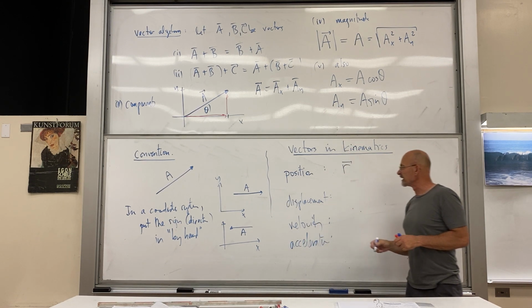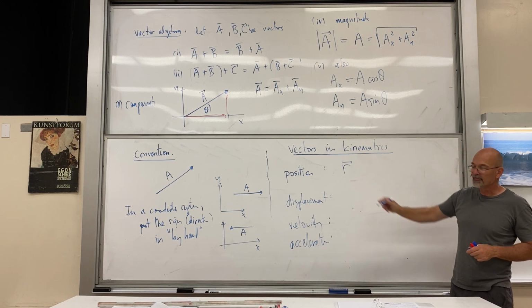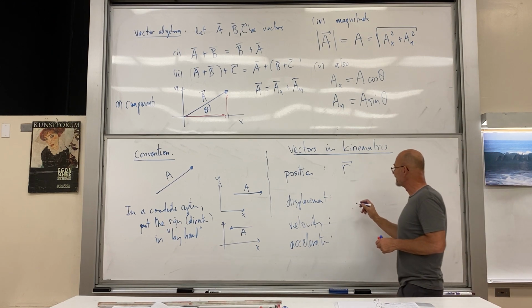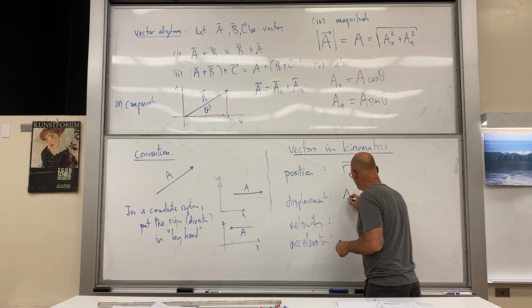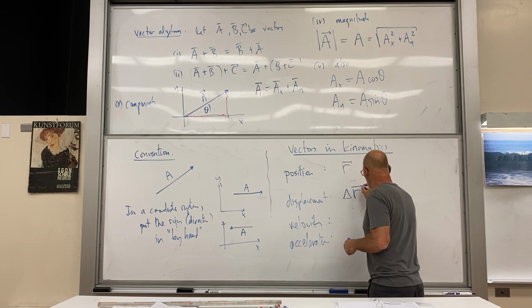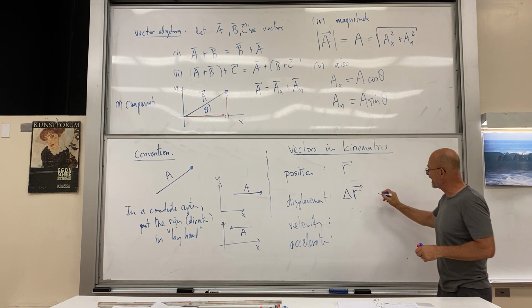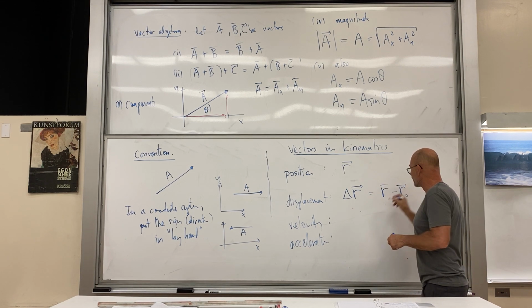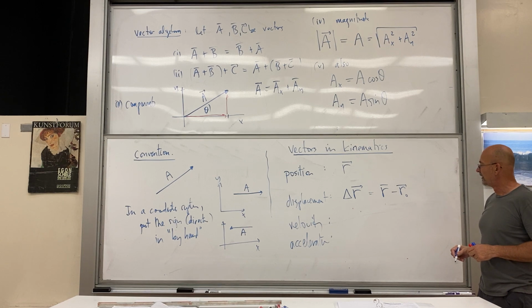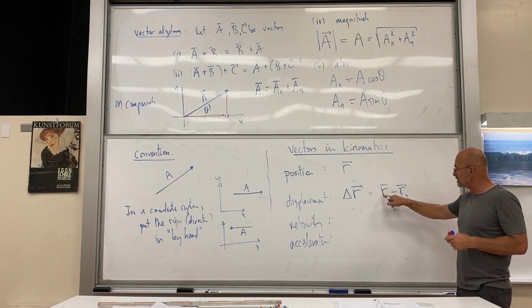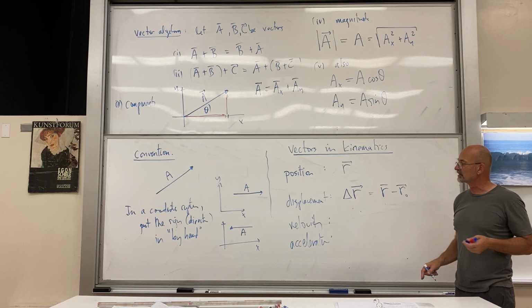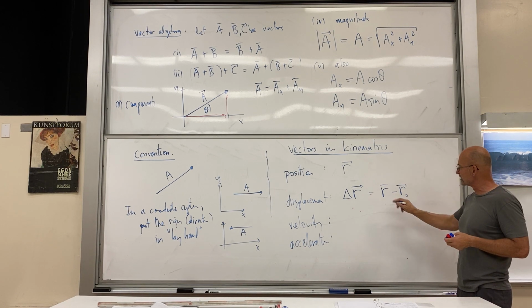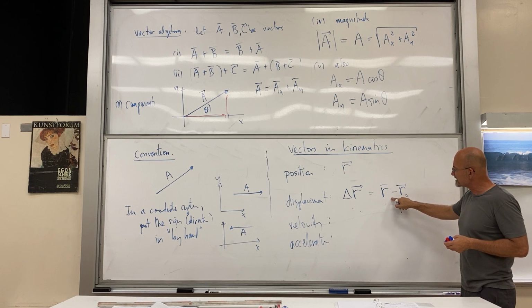So we're going to be calling the position vector R. And then the displacement vector is delta R, because it's the change of R. So I could say it's R minus R0. So that's an addition, right? The minus sign is plus the negative of a vector. And I talked about the negative directions of a vector. So we've got the displacement.